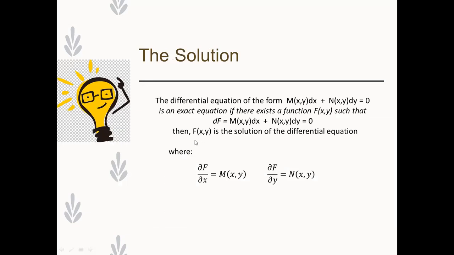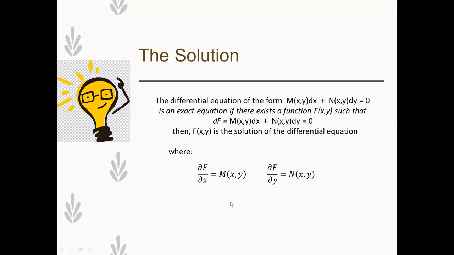Okay, so the differential equation of the form M of x and y dx plus N of x and y dy equal to 0 is an exact equation if there is a function f of x and y such that the differential of f is equal to M of x and y dx plus N of x and y dy, which is also equal to 0. Then we can say that the function f of x and y is a solution of that particular differential equation.